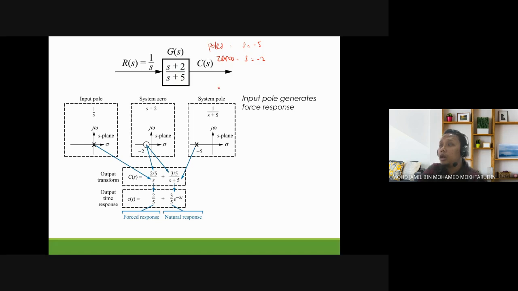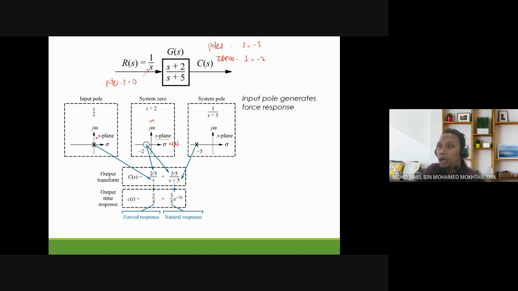You can plot poles and zeros on a plane called the s-plane. An s-plane has an imaginary axis, the y-axis, and a real x-axis. If you plot the input R(s), the pole is s equals 0.